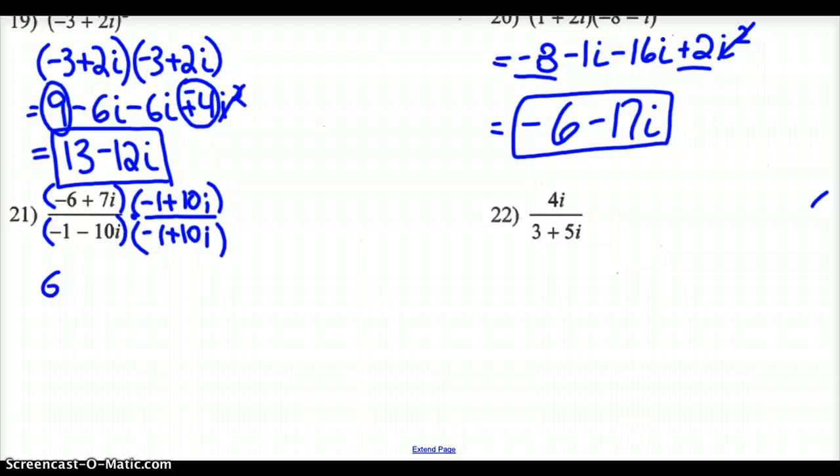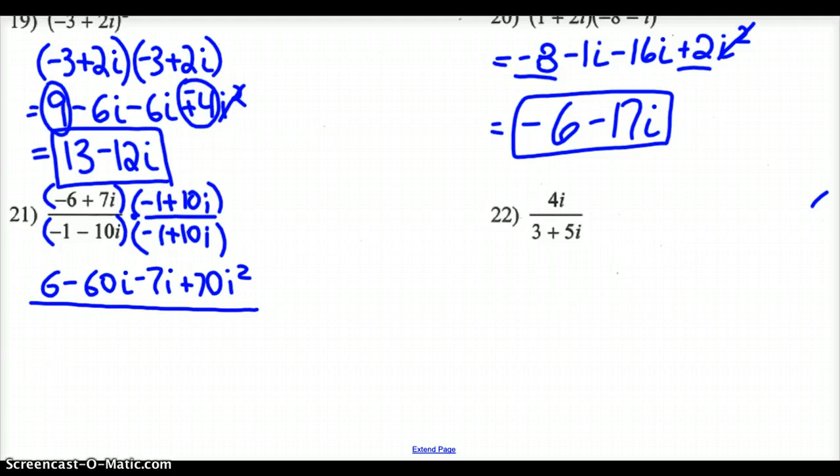So 6, negative 60i, negative 7i, and plus 70i squared. In the bottom, 1, negative 10i, my inside's positive 10i, and last times last is negative 100i squared.